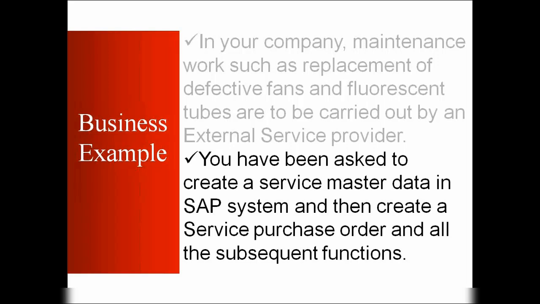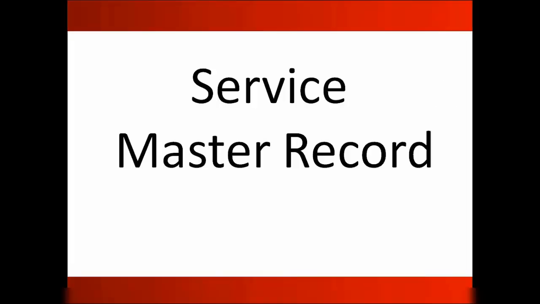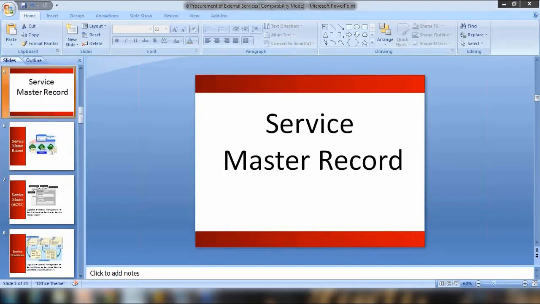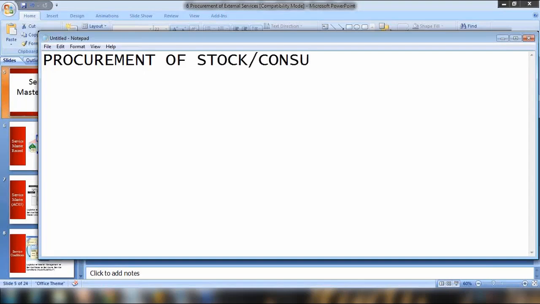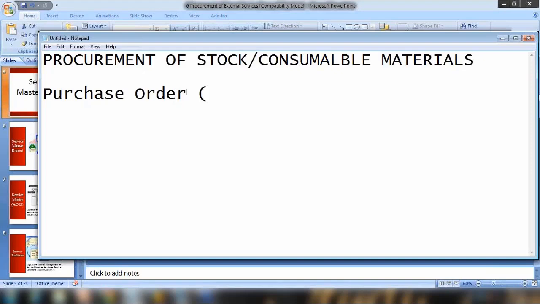So first, we'll start with the service master record. But before we start, let me explain something else as well. Previously, when we looked at the procurement of stock or consumable materials, we saw the process flow: first we created a purchase order, which gets data from master data like the vendor master and material master.